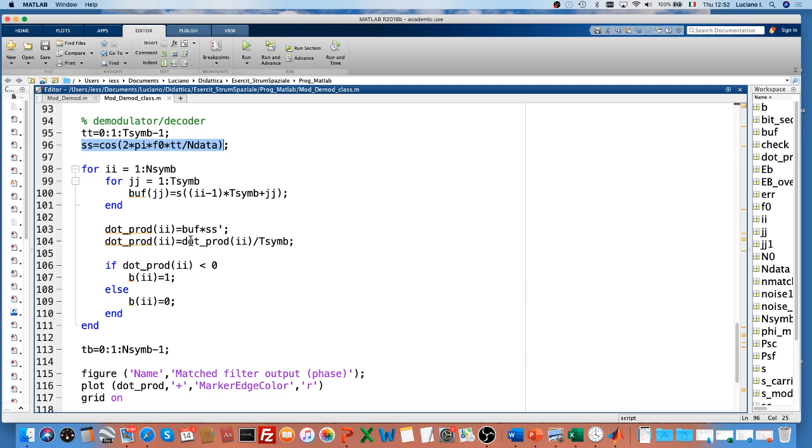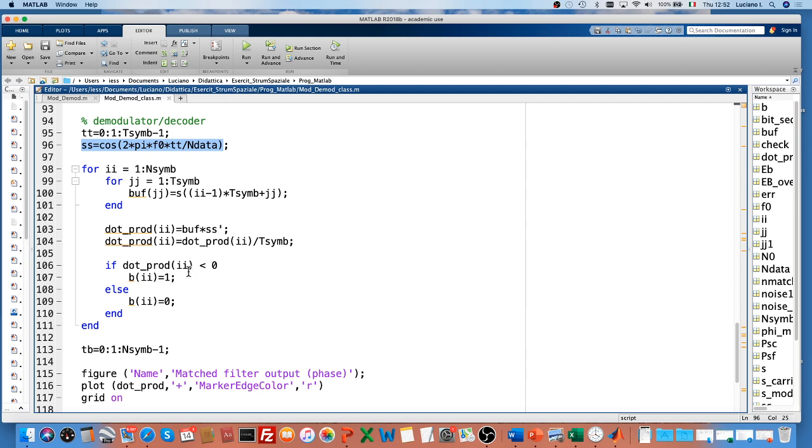I have to normalize it by the number of symbols, by the way. The dot product that I obtain from this stage, remember I have to divide by T symbol, so the symbol duration. This comes again from the equations that we have seen.